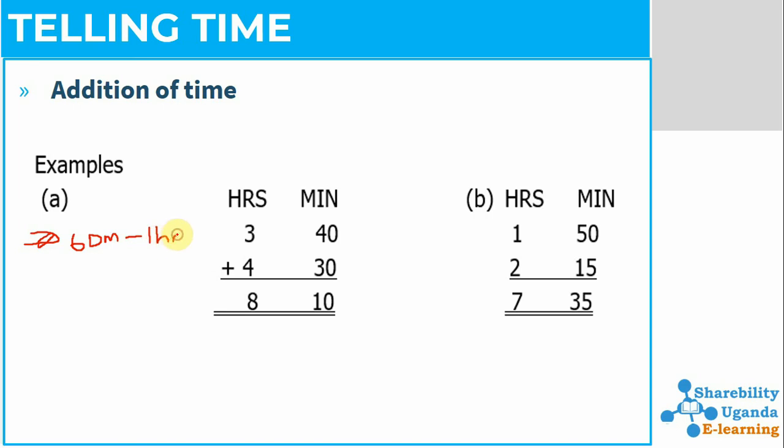Our 60 minutes is equal to what? Is equal to 1 hour. So that means we shall be using this concept for us to come up with the right answer.